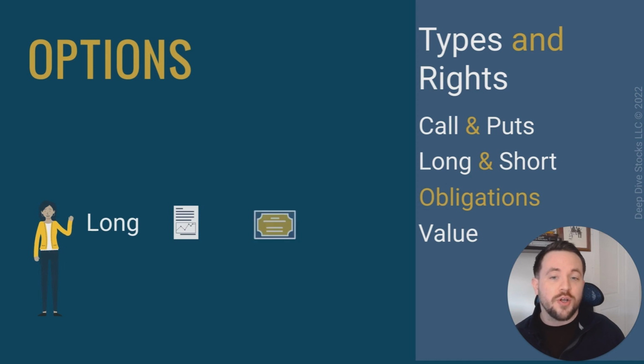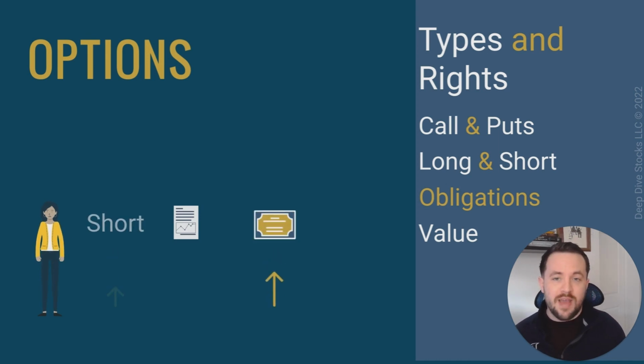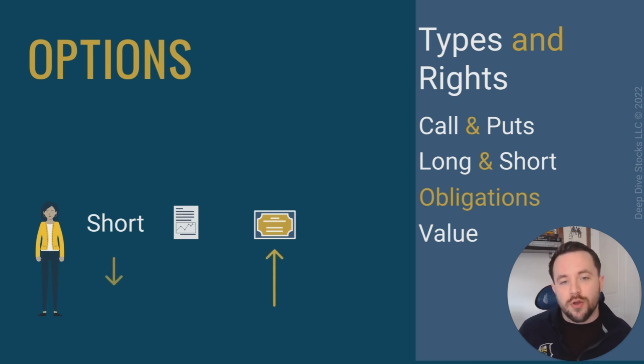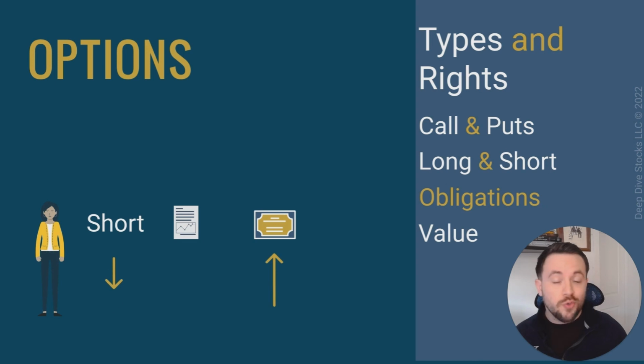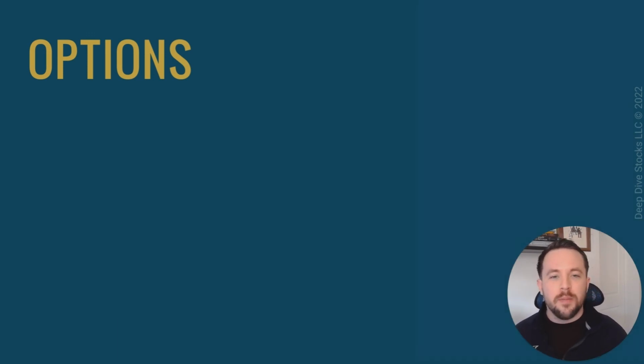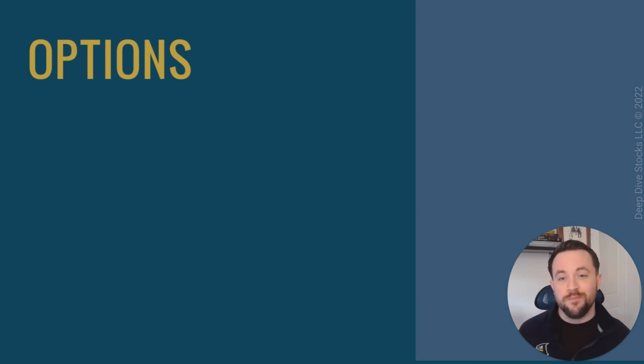So if Sally goes long on a call and the price of the asset increases, her long call increases in value. If Sally goes short on a call and the price of the asset decreases, then Sally's short call decreases in value. How an option is valued exactly is going to definitely be covered in other videos. It can get a little complicated. But just remember that for every option bought, there's an option sold.